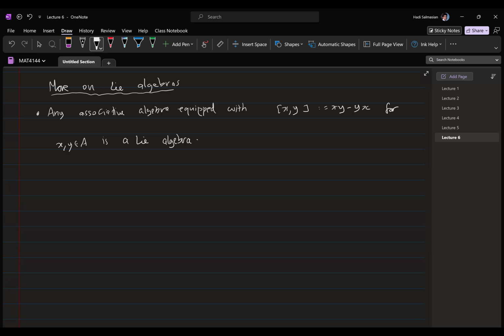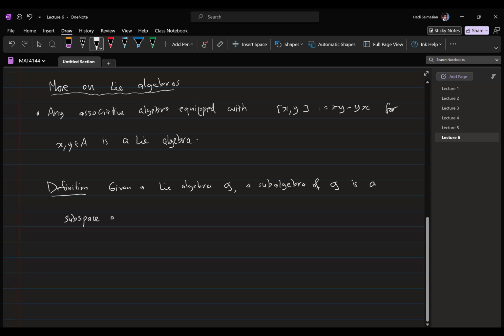Given a Lie algebra g, a subalgebra h of g is a subspace of g as a vector space. Maybe I should call it a subspace h of g with this Fraktur font.